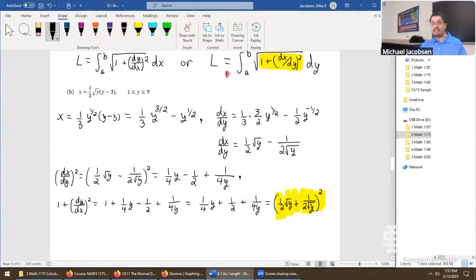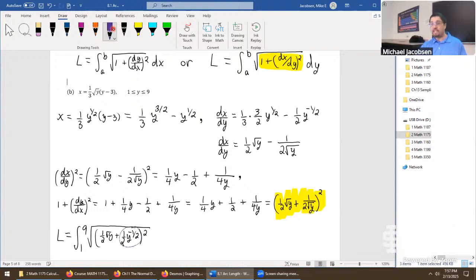First, let me scroll up to this line. So the length is going to be the definite integral from a to b. These are now the a's and b's. So from 1 to 9, we're taking the square root of this part. So 1/2 root y plus, well, when we go to integrate this, we might find it more convenient to write it as 1/2 y to the power negative 1/2, and all that squared.